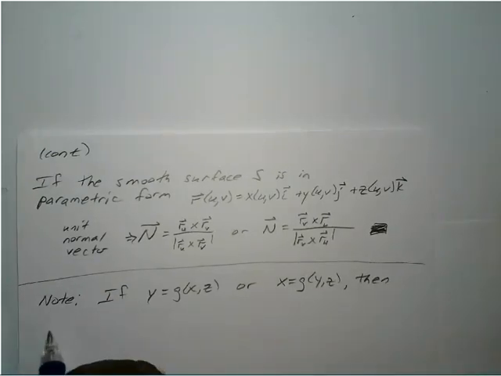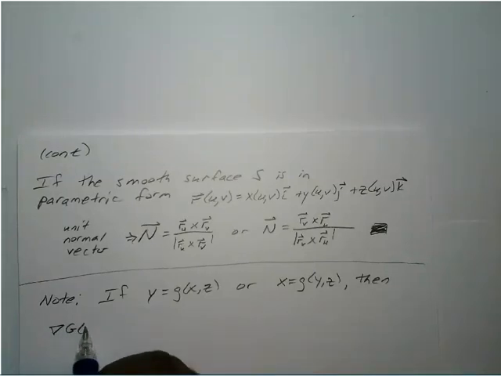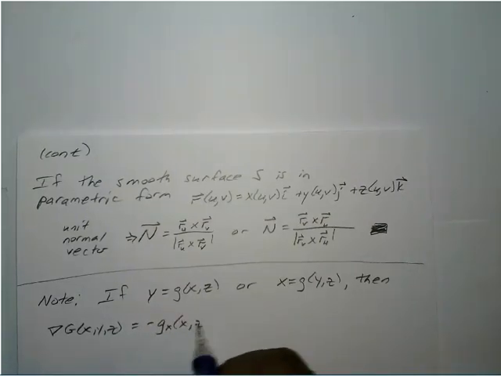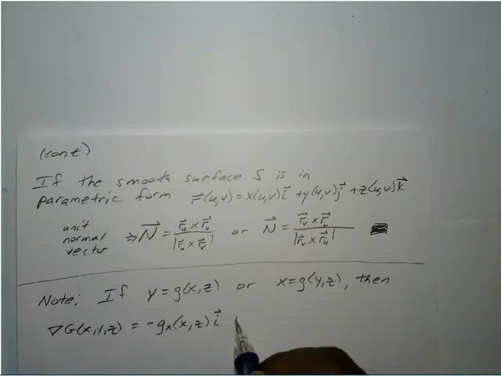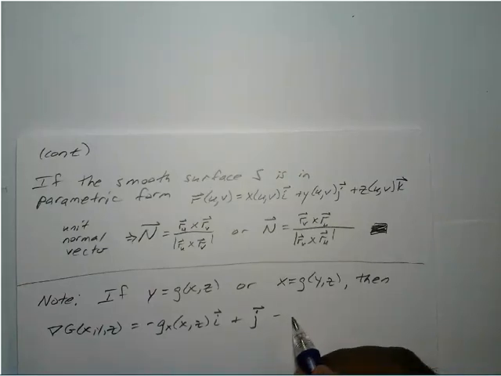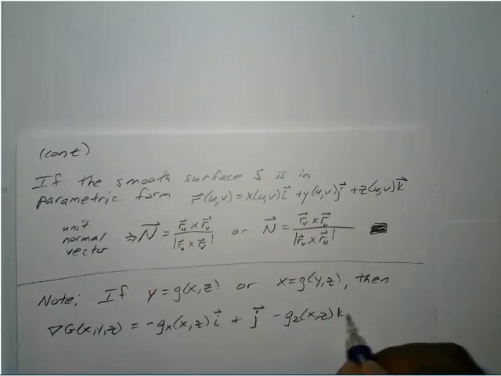Then your gradient is going to be negative partial with respect to x plus j, your j vector, minus partial with respect to z times your k unit vector.